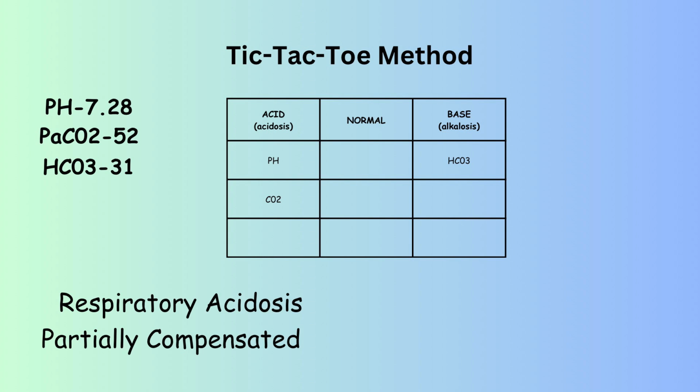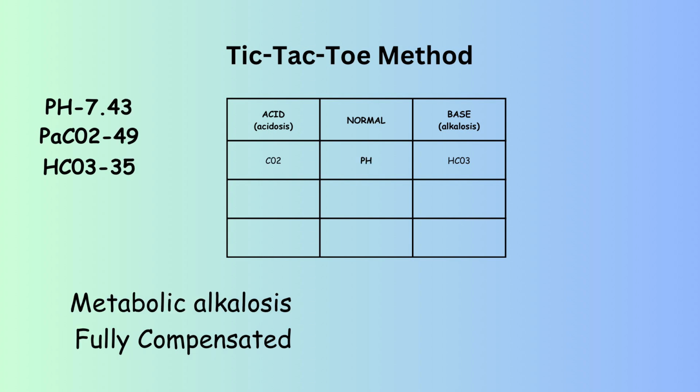And then we have HCO3 of 31, which shows that it is alkalosis. So here we are dealing with a respiratory problem because of the CO2 level, which gives it respiratory acidosis. And then we have respiratory acidosis partially compensated.